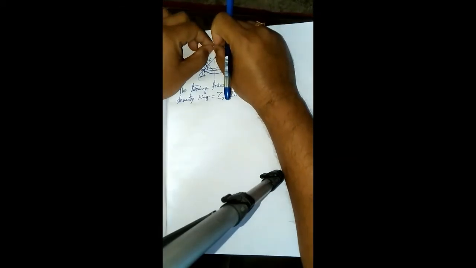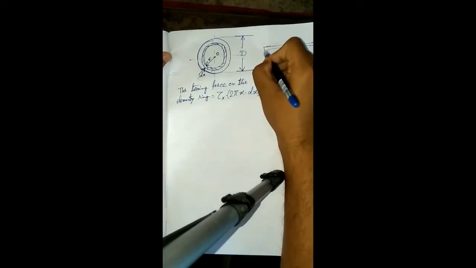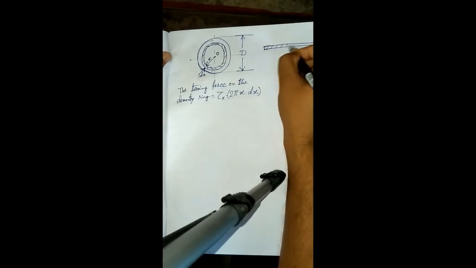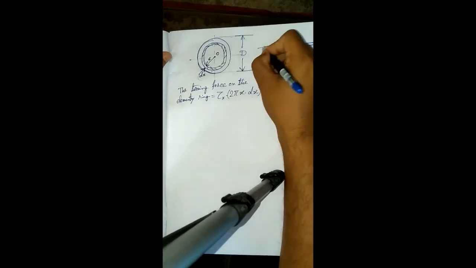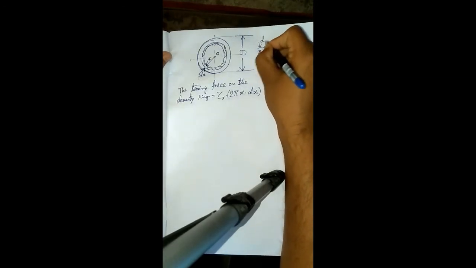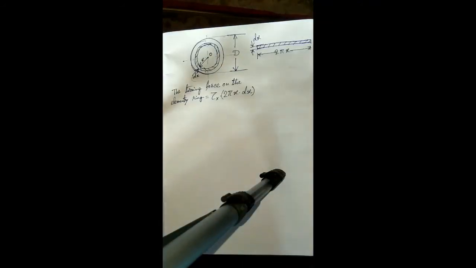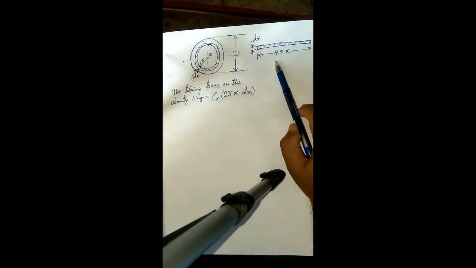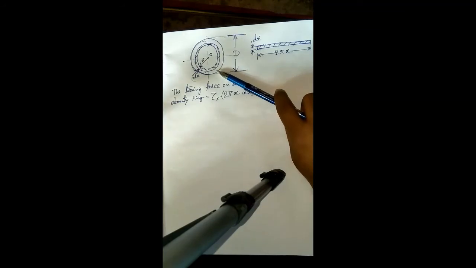If we take a rectangular strip of length 2 pi x and thickness dx and bend it, it will form this kind of elementary circular ring.